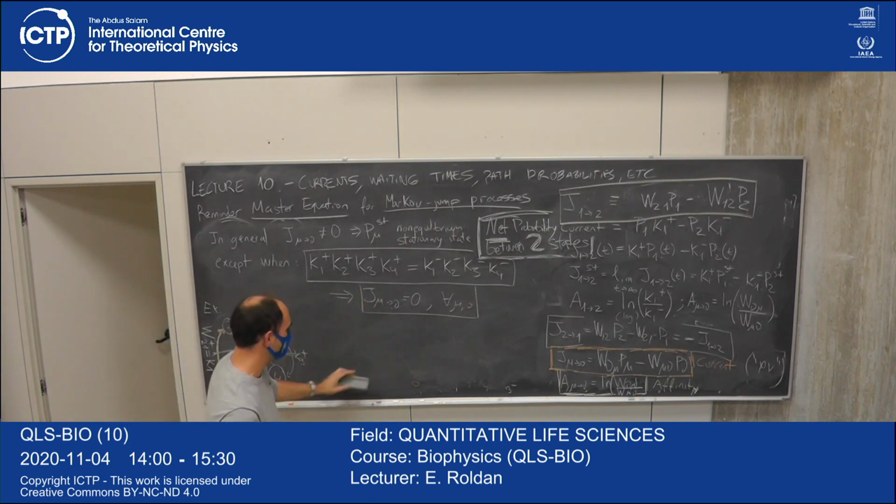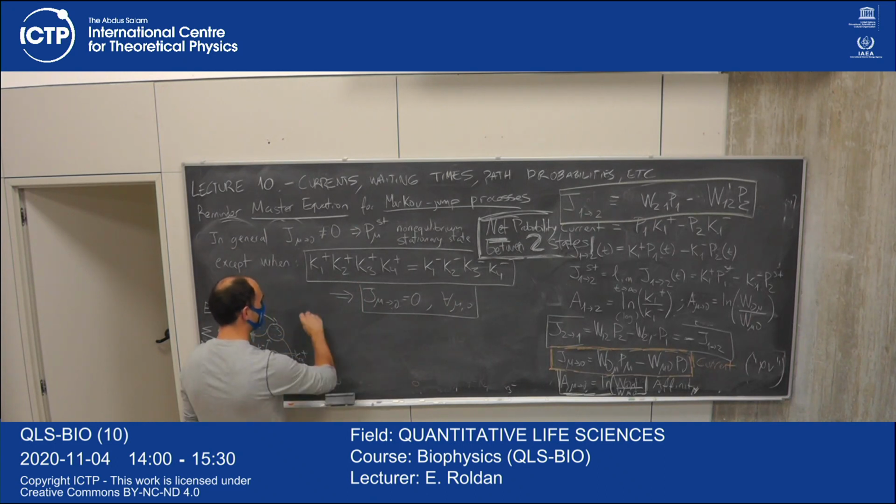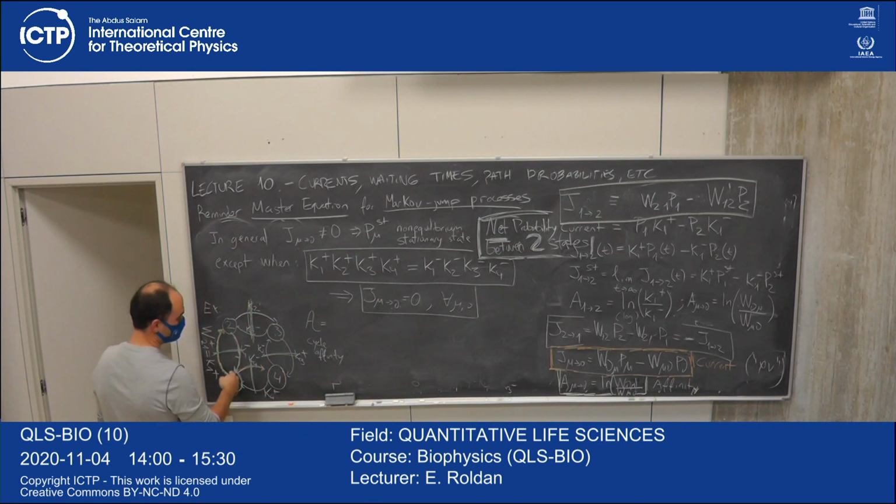You see that when this happens, this means that A, which I call cycle affinity, is the sum of the affinities in a cycle. So I do 1 to 2, 2 to 3, 3 to 4, 4 to 1.